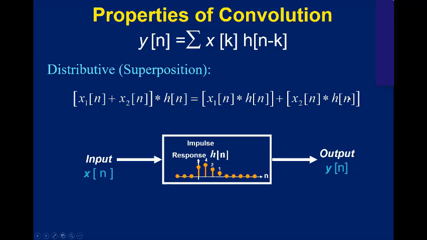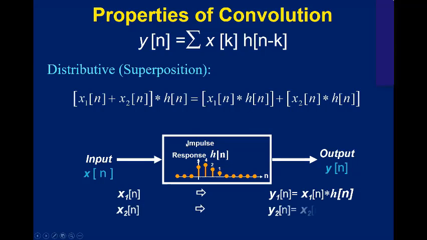Now, in terms of linear time invariant systems, we could say this term here would be if I take an input signal x1 and run it through a system that has a unit sample response h of n, what comes out we'll call y1 of n.